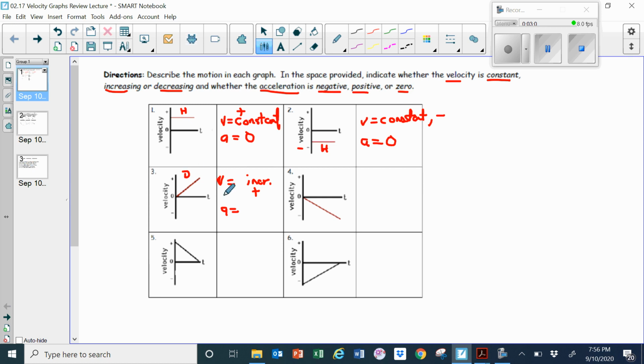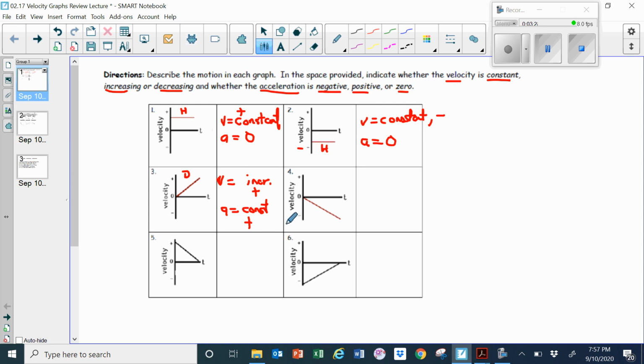This is a diagonal, so the acceleration graph would be horizontal. So the acceleration is constant because the slope of this line is a constant, right? And it's positive. It has a positive slope. So the acceleration is constant and it's positive.